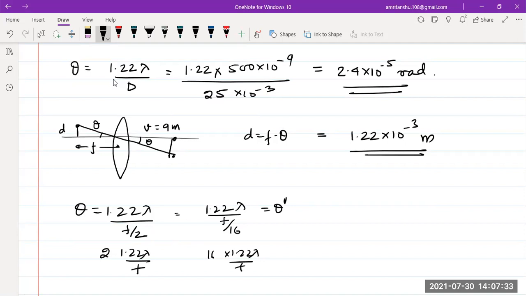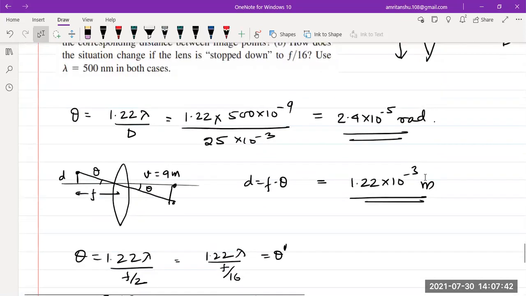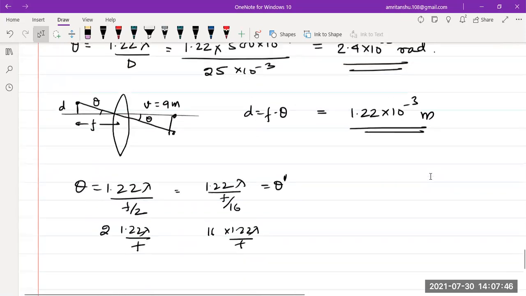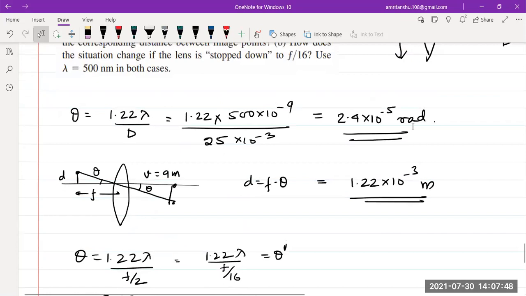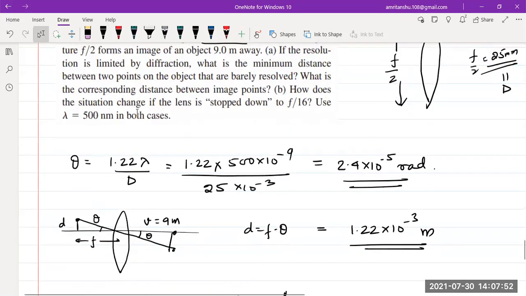So you need not solve the whole thing again. I just multiply this by 8 and get the new theta for this problem.